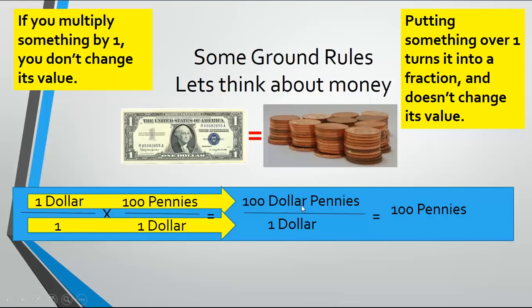Well, another thing that's not necessarily a ground rule, but is true about math, if you have a value on the top and a value on the bottom, like I do here, those two things will cancel. So this unit, dollar, cancels out because it's on the top and the bottom. And what I end up with is 100 pennies over 1, or just 100 pennies.